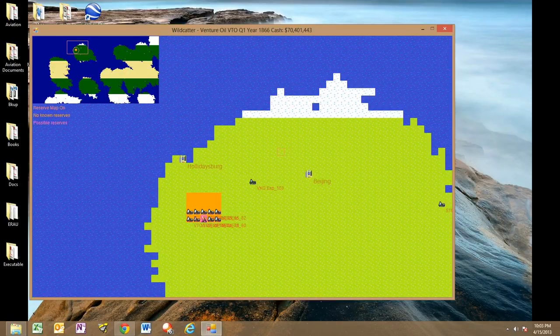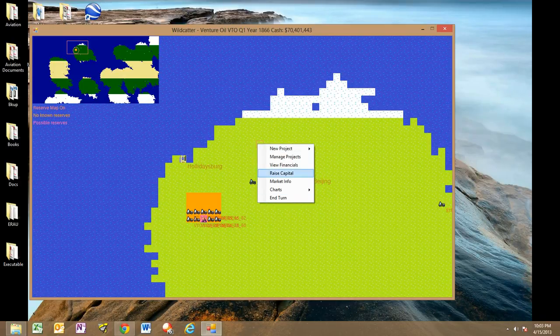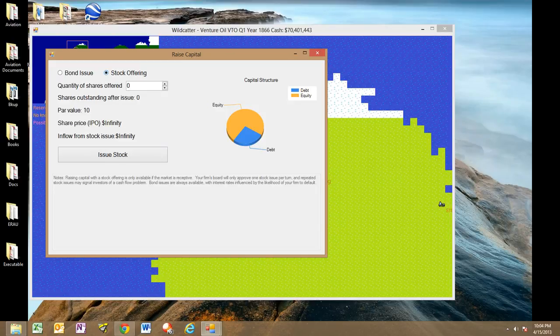Right there on the title bar, whereas we previously had 50 million, now we have 70 million. And I'm also going to issue some stock. This is going to be our IPO because we haven't issued any stock yet. Currently the market's receptive, and our inflow from our stock issue is going to be 58 million.